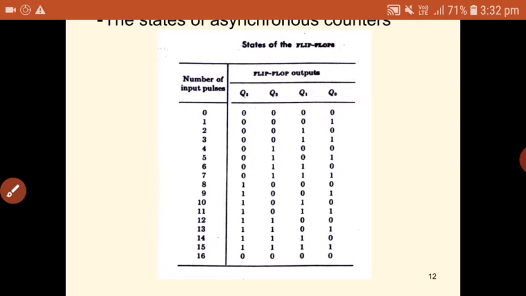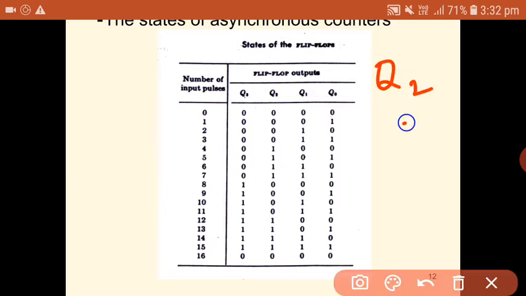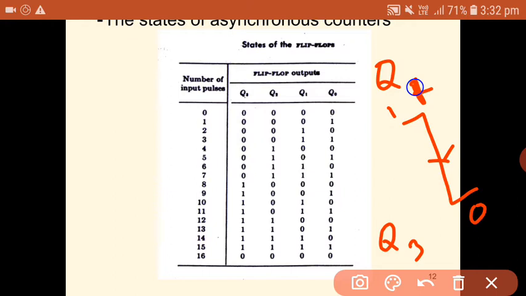Similarly, whenever Q1 is changing its state from logic 1 to logic 0, then only Q2 toggles.